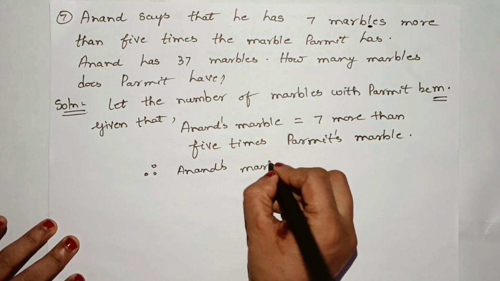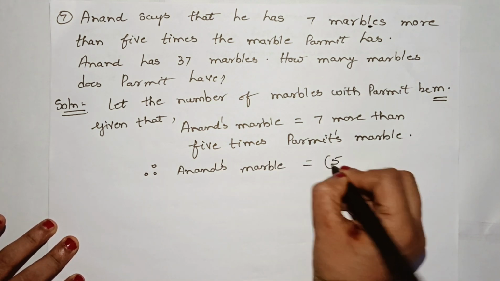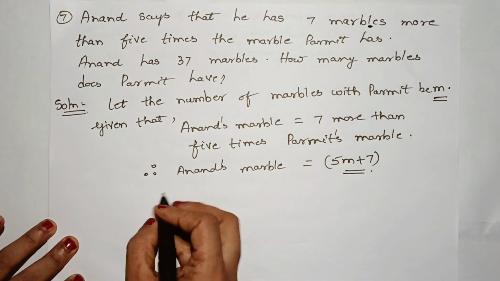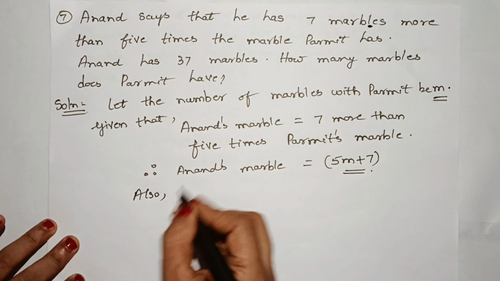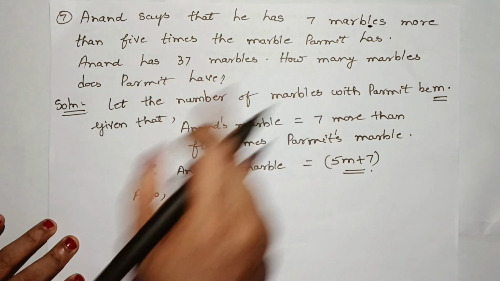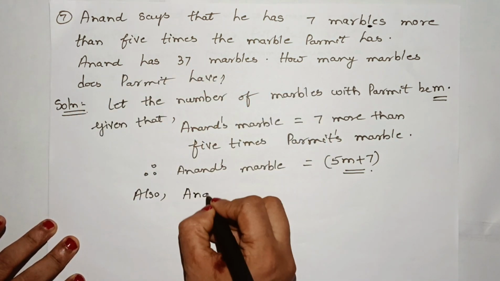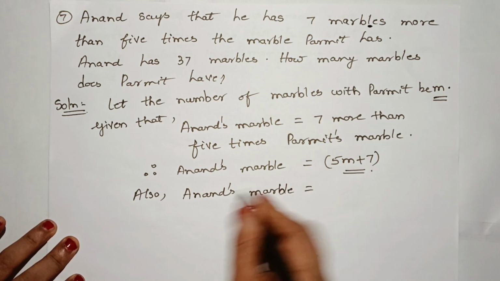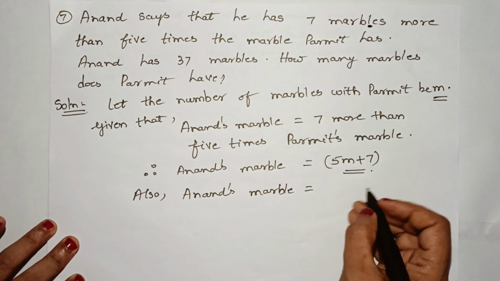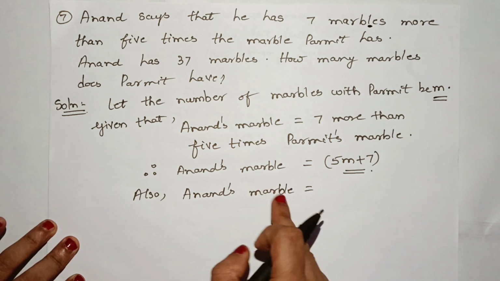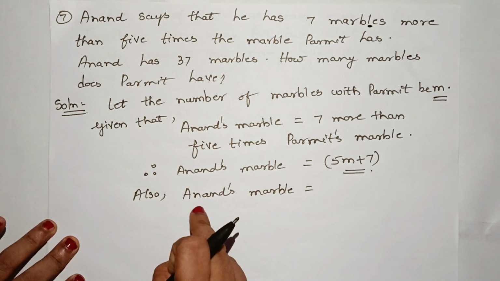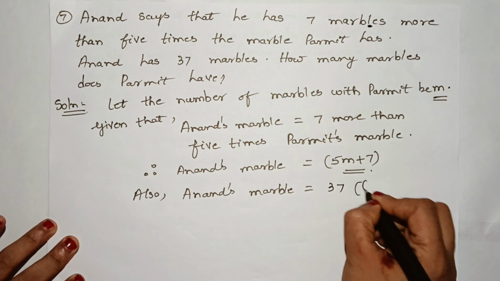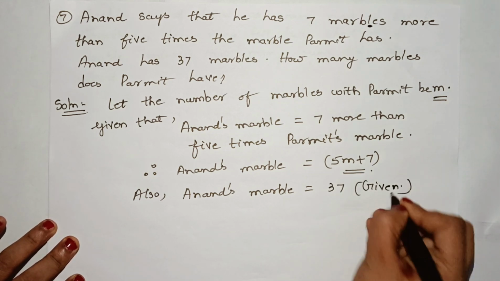Anand's marbles equal 5m, 5 times, plus 7. Also, they have given Anand has 37 marbles. Therefore, the number of marbles Anand has equals 37, which is given.